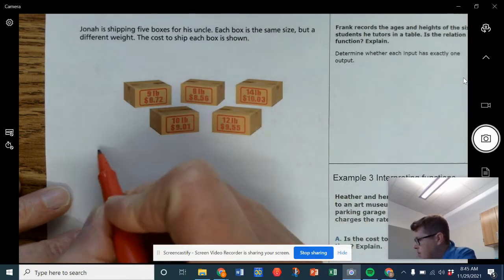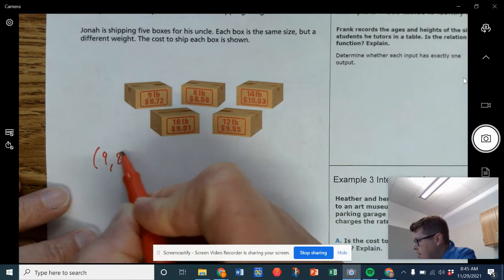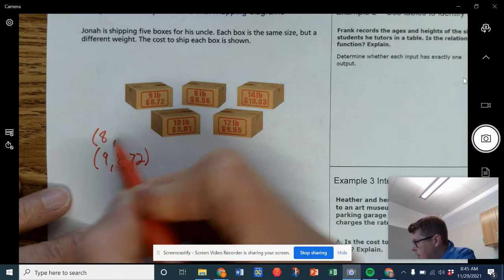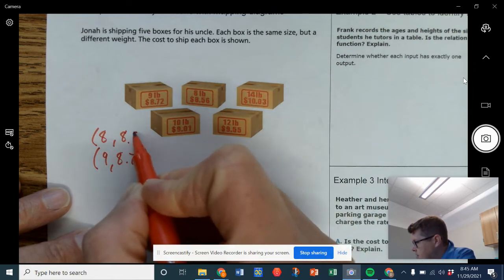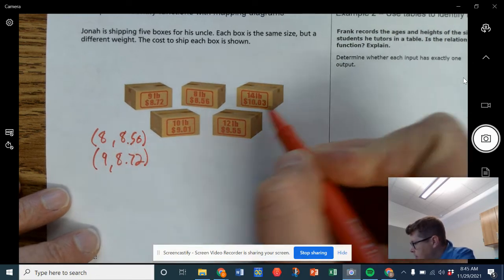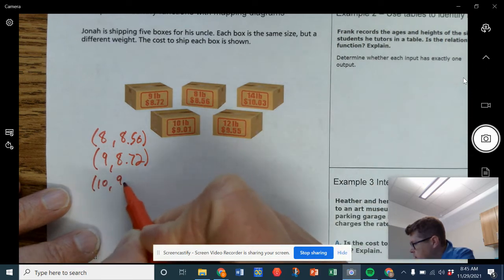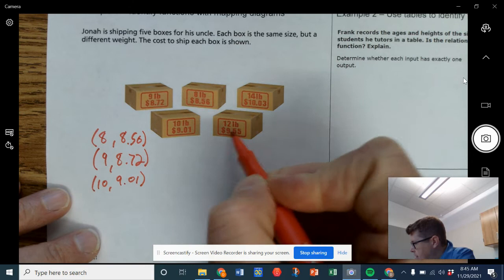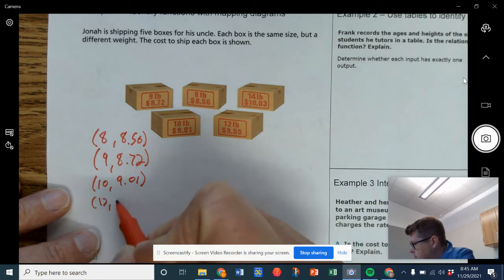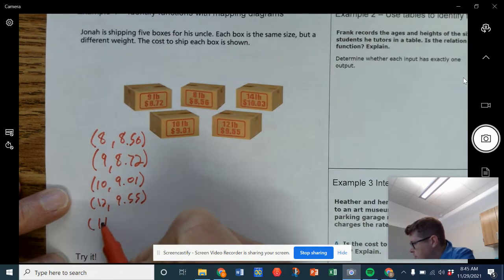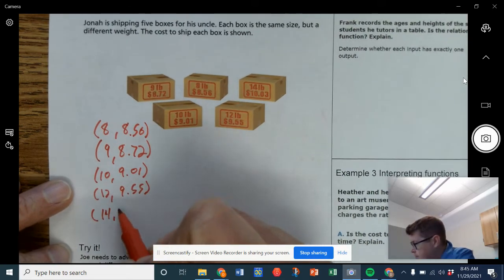So we have 9 pounds at 872, and then we have 8 pounds at 856, and then we have 10 pounds at 901, 12 pounds at 955. And also, I guess this helps us put them in the correct order as well, and 14 pounds at 1003.